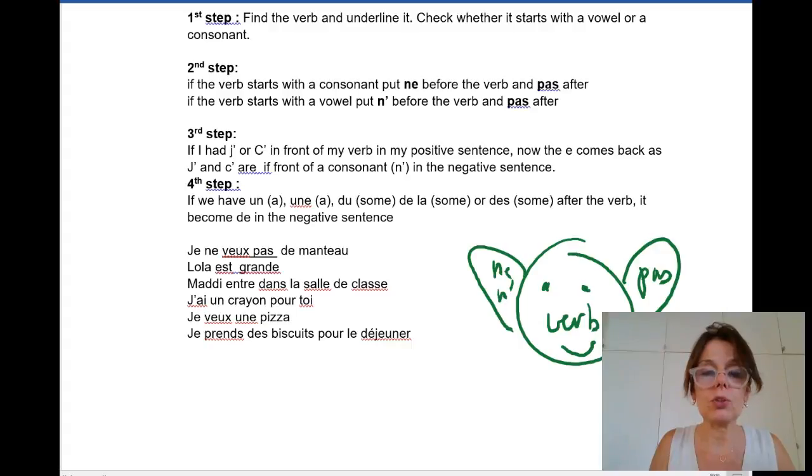So now what I want you to do is to stop this video. If you have an exercise book with you, you can write these sentences and try to make them negative. Or maybe you can write on this document, I'm not sure.